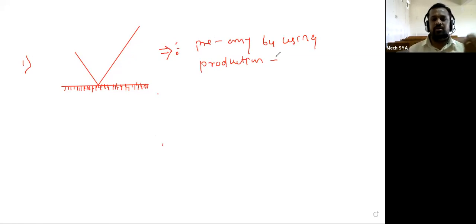Suppose we have to prepare the pen. If such type of symbol is there in your drawing, then you have to consider we have to prepare the pen, but there is no restriction of production method. Means you can select the machining process, the casting process, the forging process, any process. There is no restriction.